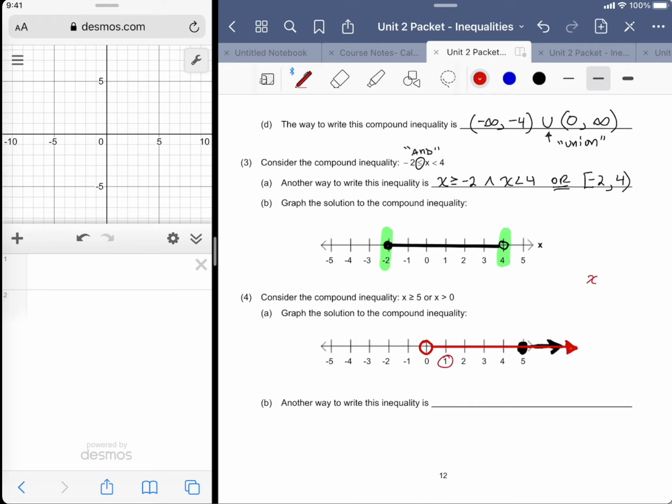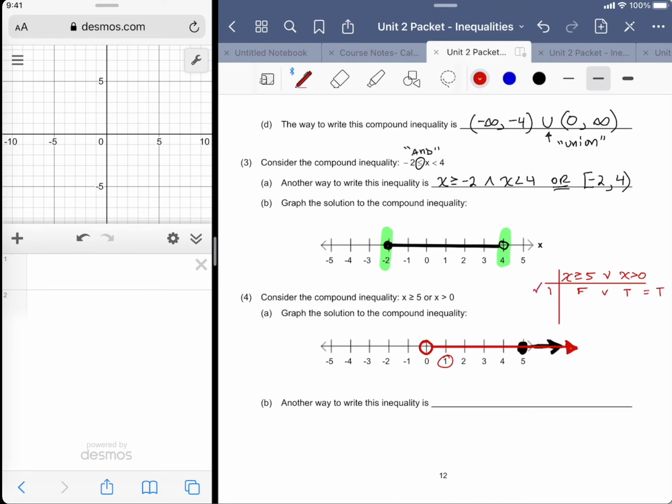So I'd say x is greater than or equal to 5, or x is greater than 0. The number 1 is not greater than or equal to 5, so that's false, but it is greater than 0. So that's true. With an or sentence, all you need is one part to be true.